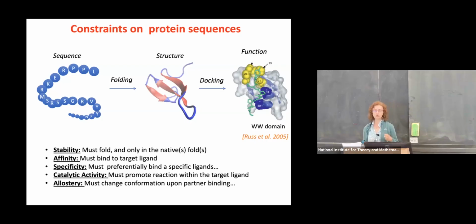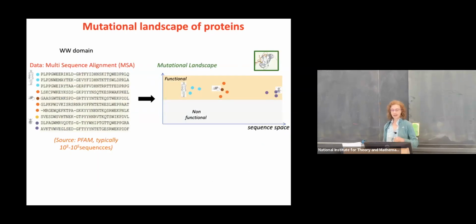So we want to understand how all these constraints are encoded in the sequences. So how do we do it? We start from all the sequences which are collected in databases, for example Pfam, on this particular protein.